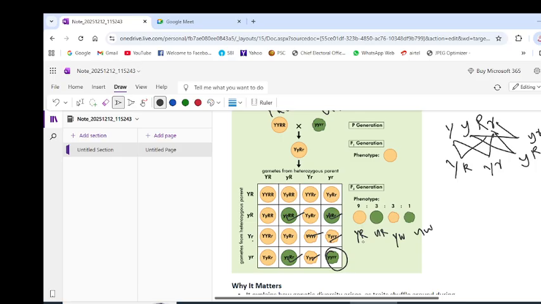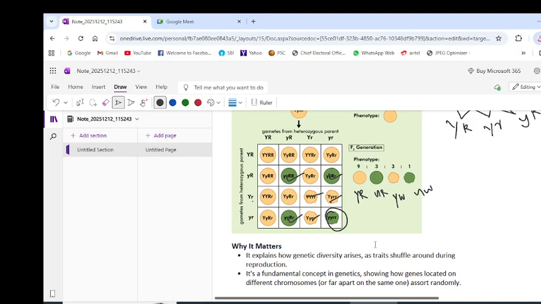Okay, so the pure lines in case of dominance is 9, and in case of recessiveness is only 1. Okay, so 9:3:3:1 is the ratio that we got here.